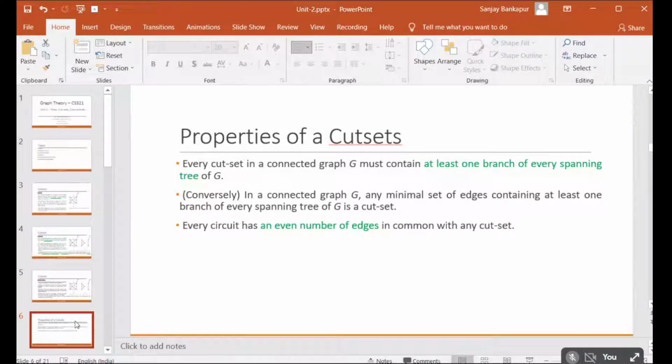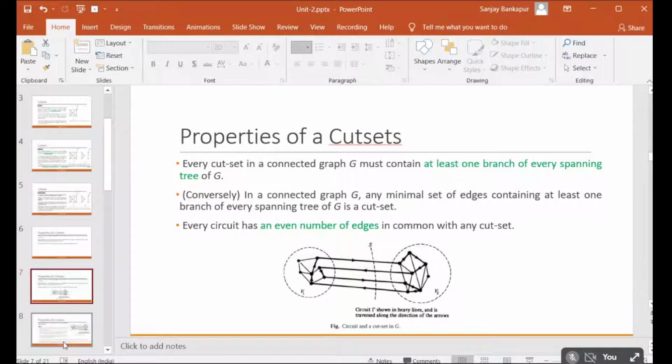Let's look at an example for this third property. It has many vertices here and many vertices here, and say there is a circuit called tau. Tau is the special symbol used to indicate a circuit.